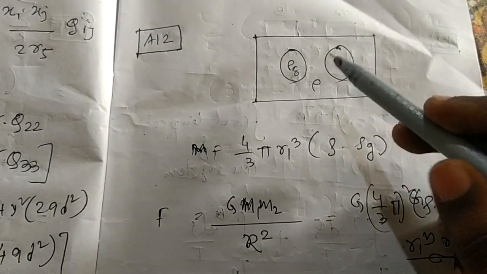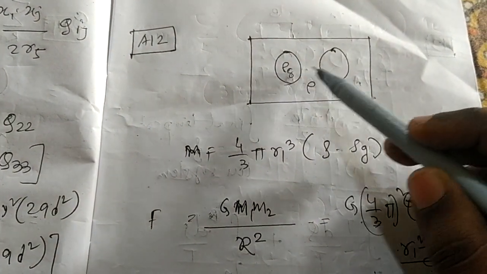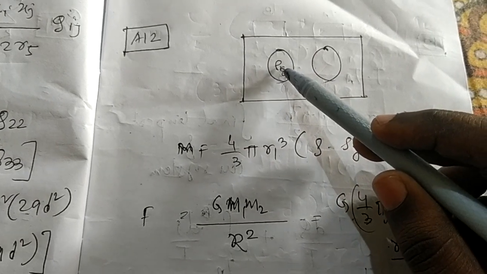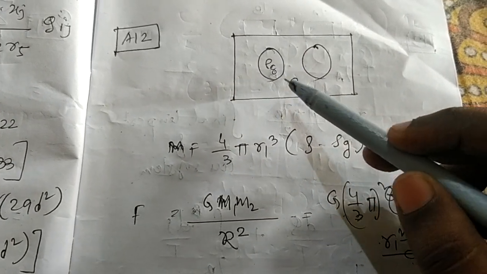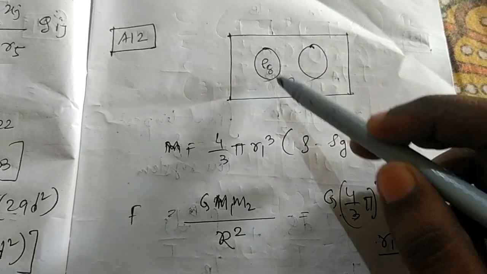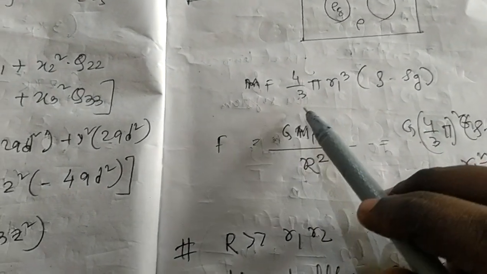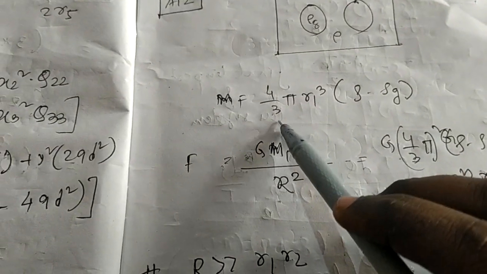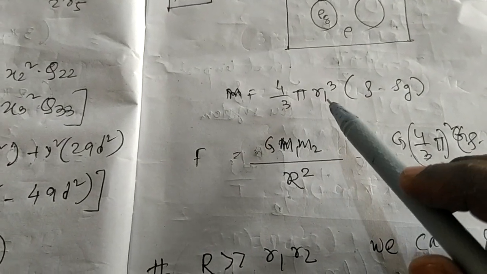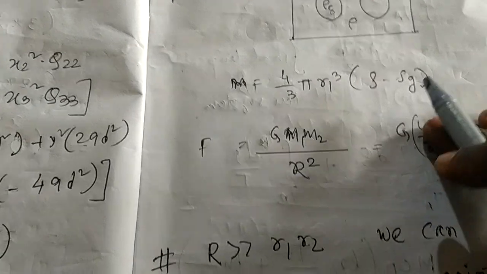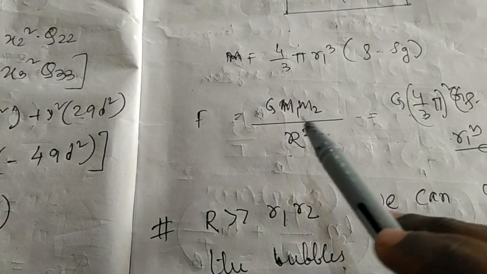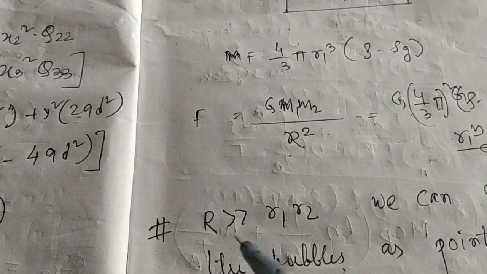So actually this is a rough diagram. These are two bubbles. The density of the gas inside the bubble is rho g, and the infinite fluid has density rho. So now the mass m is the apparent weight, actually 4 by 3 pi r1 cubed times (rho minus rho g), and then F is equal to G m1 m2 by r squared.